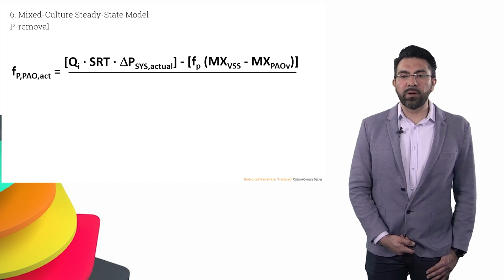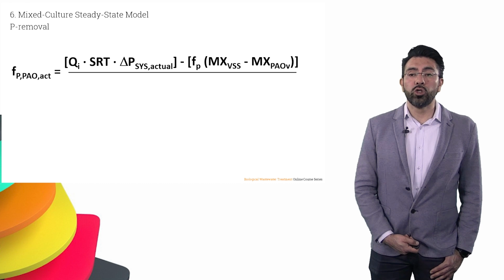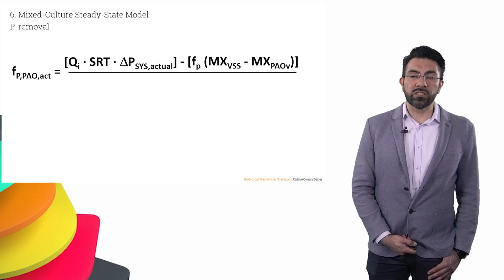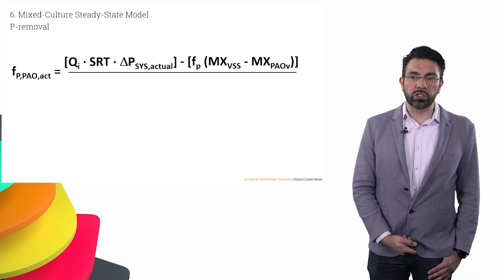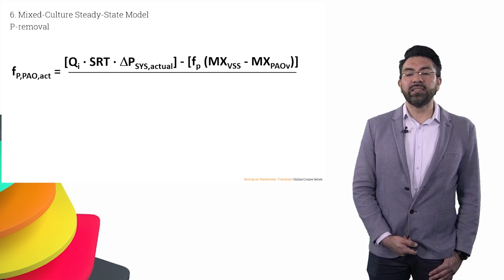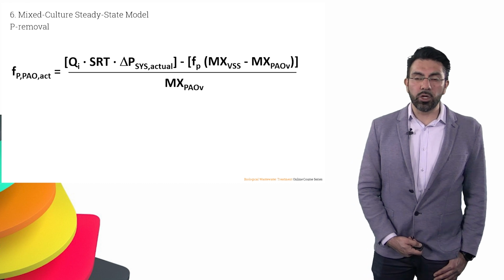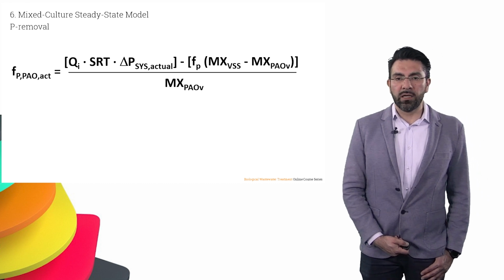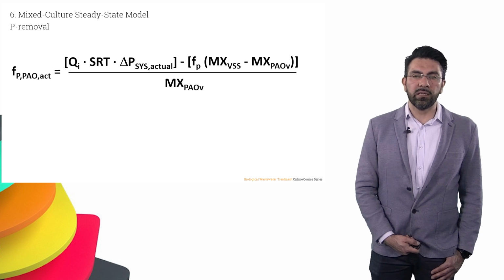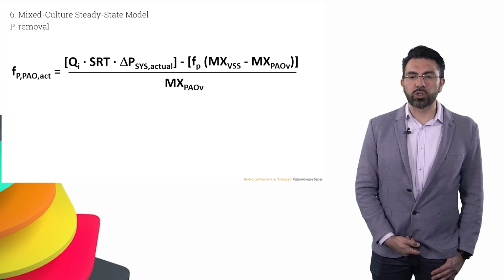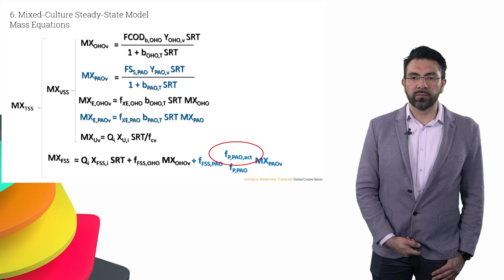So this term in the upper part will help us to know the mass of phosphorus that is actually stored in the PAOs. And dividing this term by the mass of PAOs that we have actually in the system will help us in estimating what is the actual amount of phosphorus that the PAOs have stored in their cells.